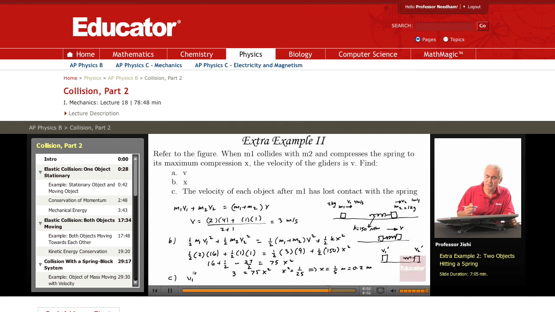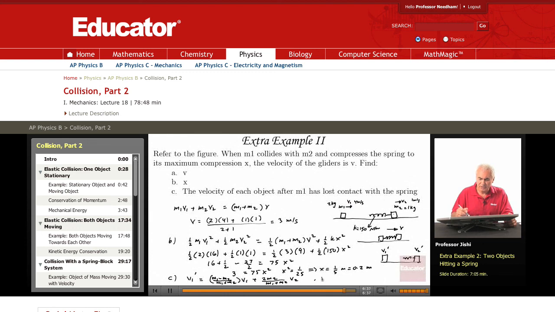So V1 prime would be M1 minus M2 over M1 plus M2 V1 plus 2M2 over M1 plus M2 V2. This is what we obtained in the lecture. So knowing V1, 4, and knowing V2, 1, knowing M1 and knowing M2, I can find V1 prime.